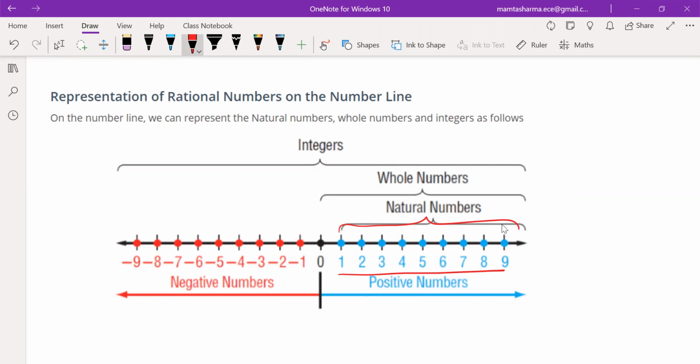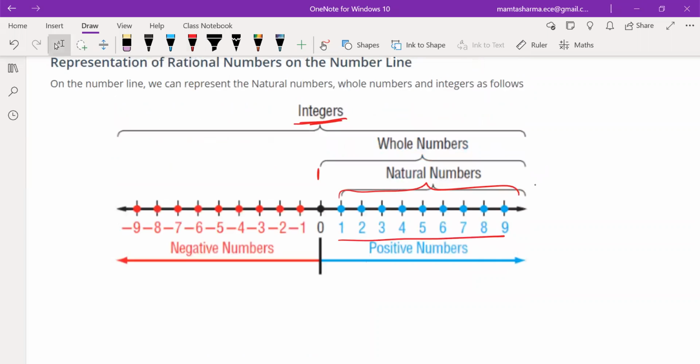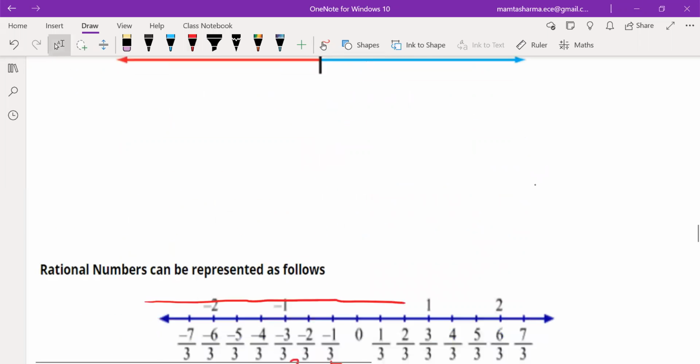In whole numbers we include 0 plus all natural numbers. Integers are all negative numbers, 0 and positive numbers, so they all would represent integers. This you might have learned in your previous class.